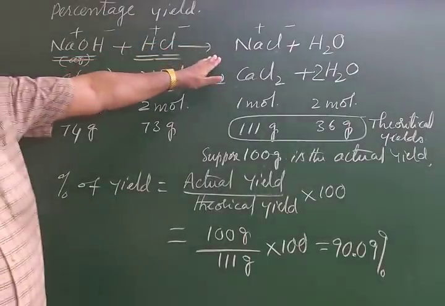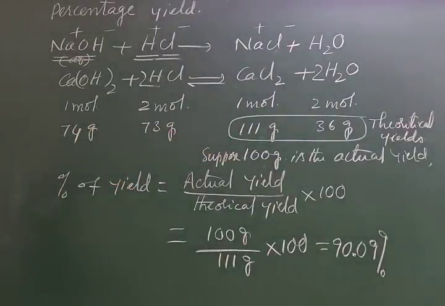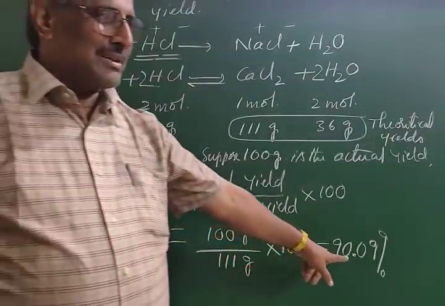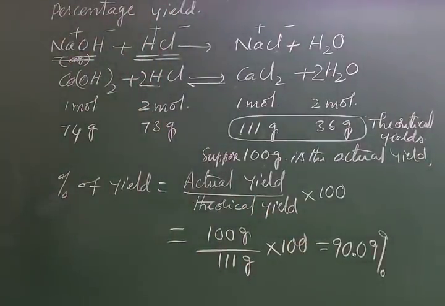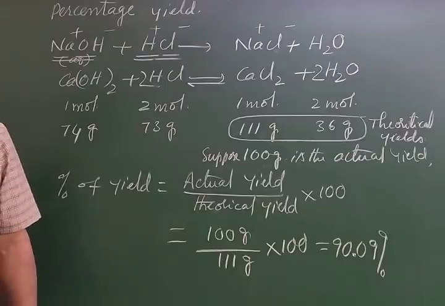This kind of reaction is irreversible in nature. Only in these irreversible reactions, if the conditions are favorable, the yield is 100%. Whereas in most of the cases, the yield is less than 100%. In some cases, the yield is more than 90%, like the formation of calcium chloride, or it is very low, like the formation of ammonia in Haber's process. It will be 7% to 18% depending on the pressure.